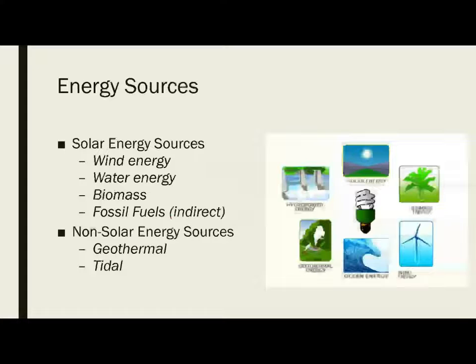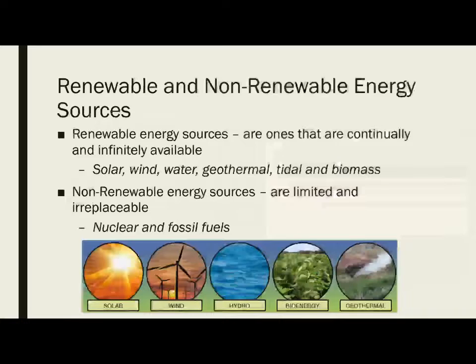We got a bunch of different energy sources, so just know that energy can come from all these different things, right? So we got wind energy, water, biomass, fossil fuels, and then non-solar is from geothermal and tidal, okay? And some of those are renewable, like solar, wind, water, only if the water is recycled, right? If you're using the same water over and over, then it's renewable.